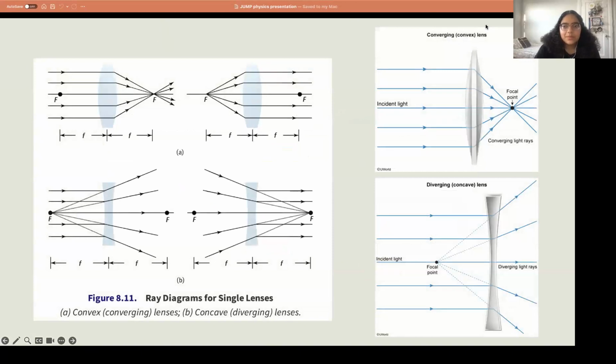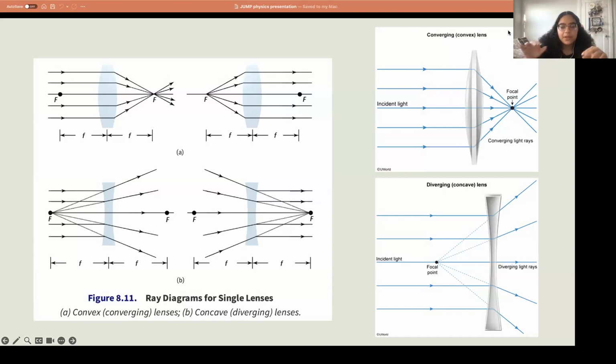Here are some ray diagrams for the lenses. So you have the convex and concave lenses. If you're looking at a converging lens, the name there is kind of helpful. For a converging lens, you can draw the rays all parallel and then they all converge at the focal point, which would be in A, you can see there.